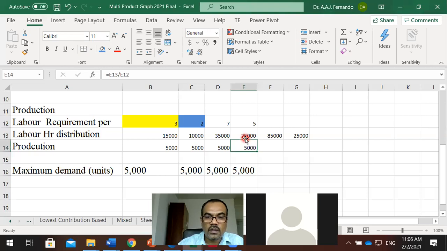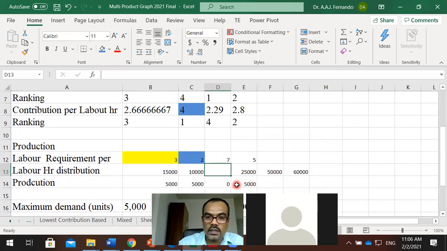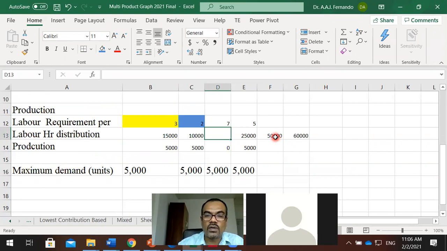The fourth ranking is this one. If you delete it, how much? Yes, actually we cannot produce Y because 50,000 is the total hours. I made a mistake, because when I worked out the labor calculation, I had taken the raw materials. That is the reason. So you are right.